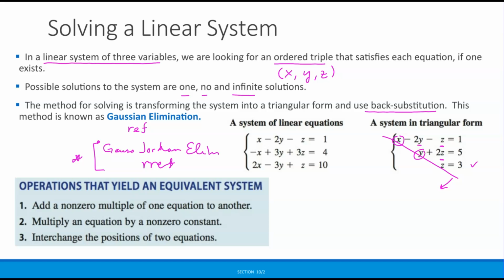We don't need to do anything but interpret our results. So we've got REF, Gaussian elimination, and our preferred method, RREF, Gauss-Jordan elimination. We could also use these steps and solve by hand, but we're not going to look at solving by hand when we can get our calculator to do the work.